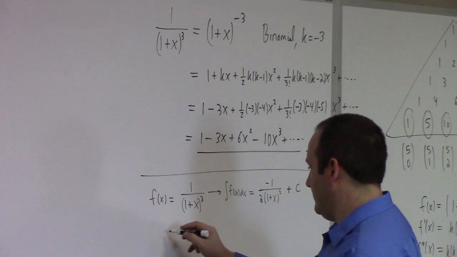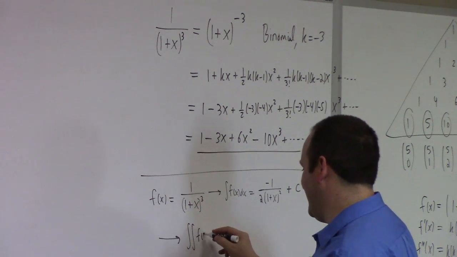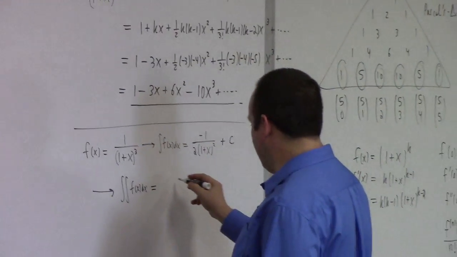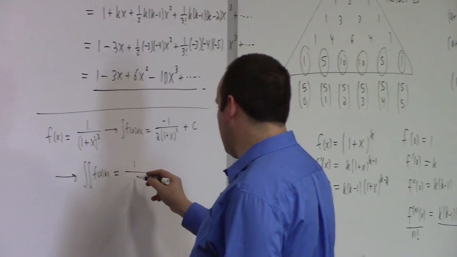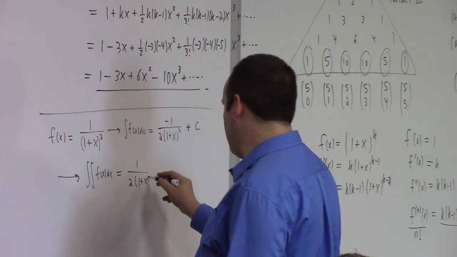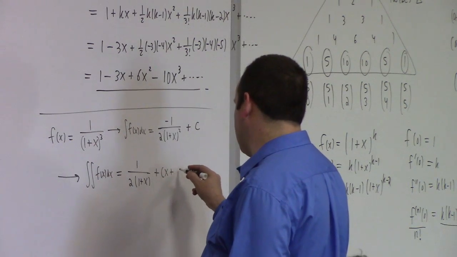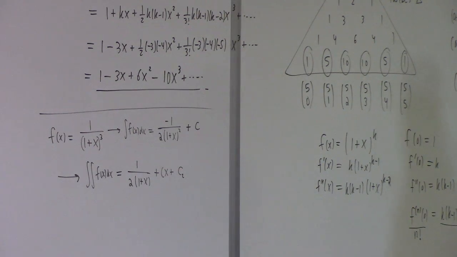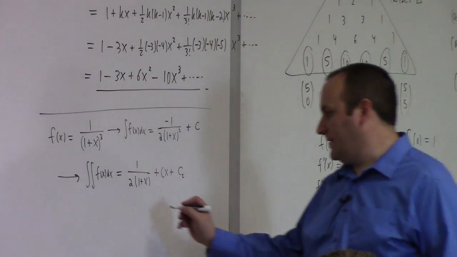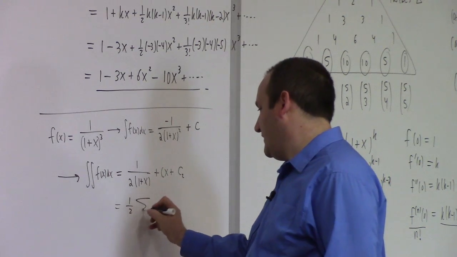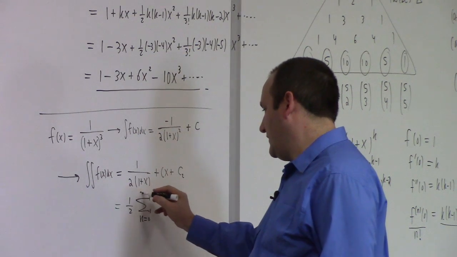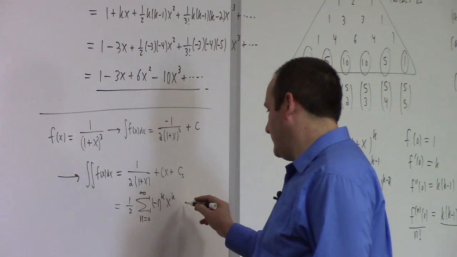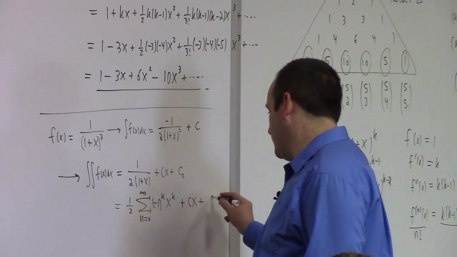And then the double integral of f of x dx, not in the sense of calculus 3, sorry, would be 1 over 2 times 1 plus x, I believe, plus cx plus, say, c2, right? Then this is 1/2 the sum k equals 0 to infinity of minus 1 to the k, x to the power k, plus cx plus c2.